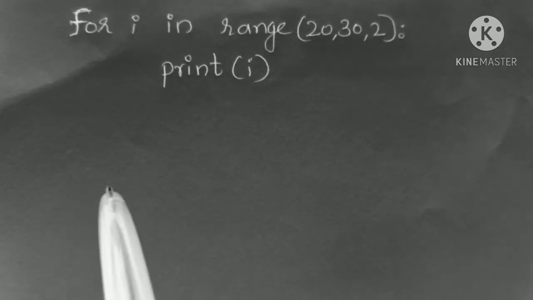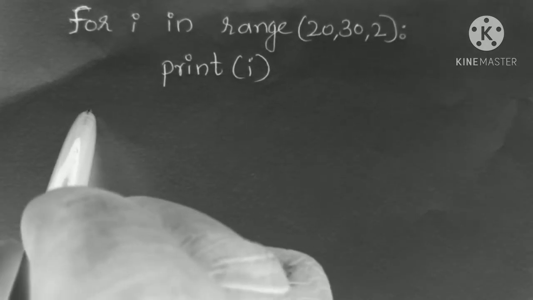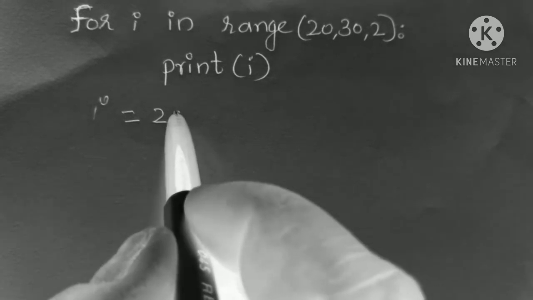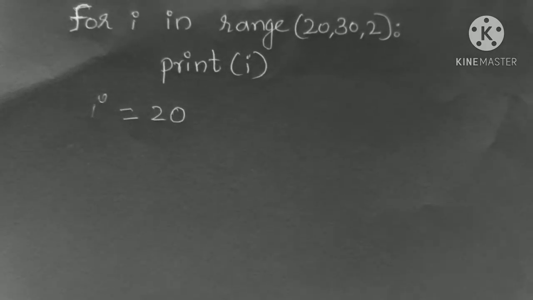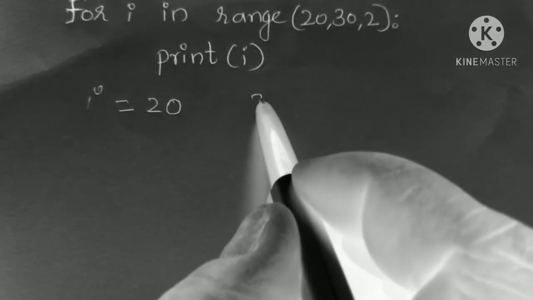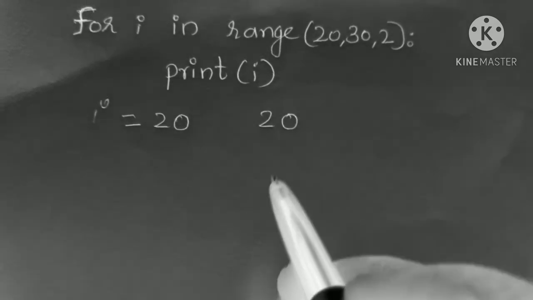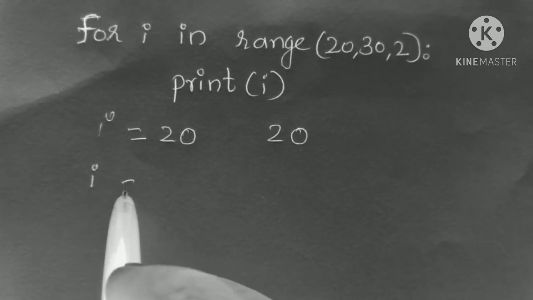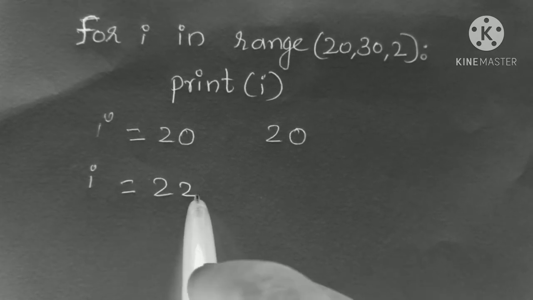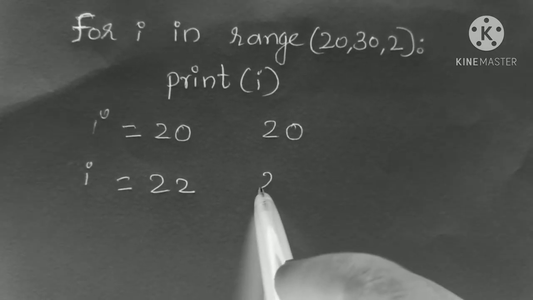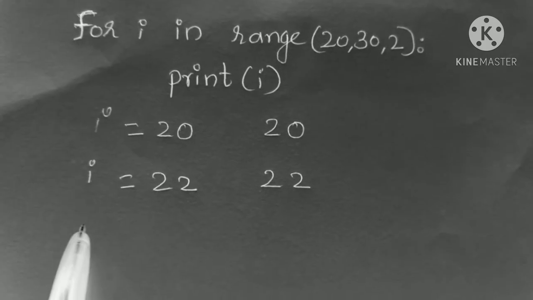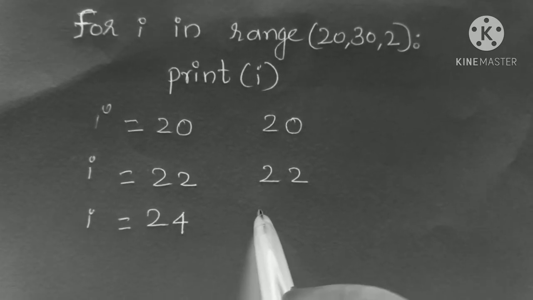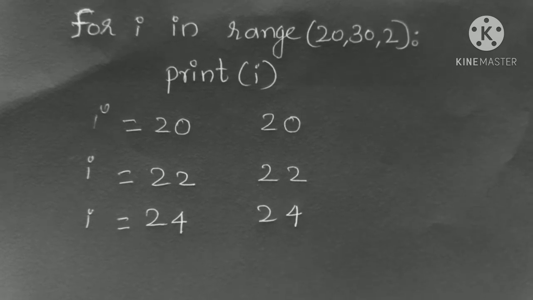Initially I is equal to 20. So print I means it will print the value 20. Next time I is equal to 22, so it will print 22. Next time I is equal to 24, so it will print 24.